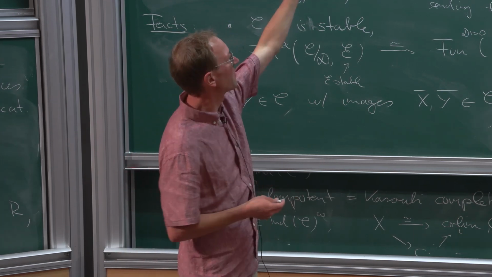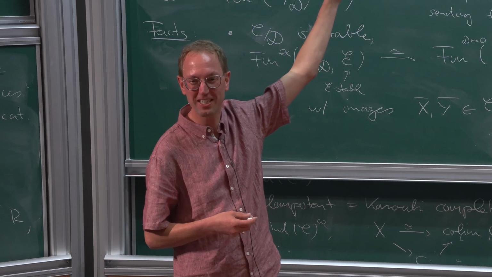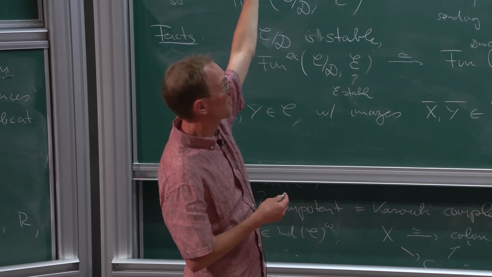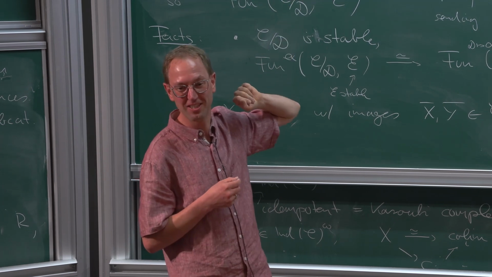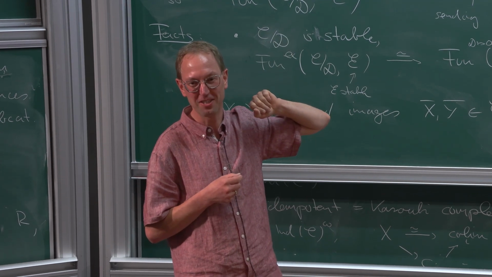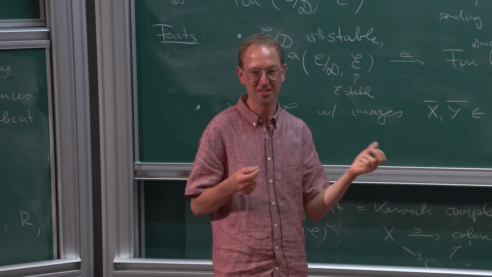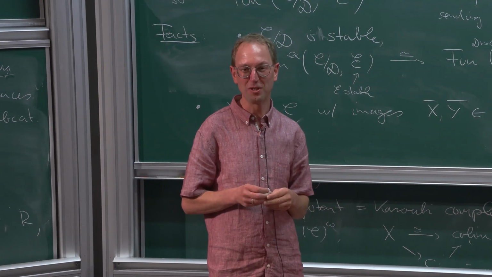Now we have a setting where you can make sense of the K-theory of D hat. With this old machinery, you cannot talk about the K-theory of D hat because it doesn't make sense. If you pass to compact objects, you just get 0. So that's definitely not what you want to do.